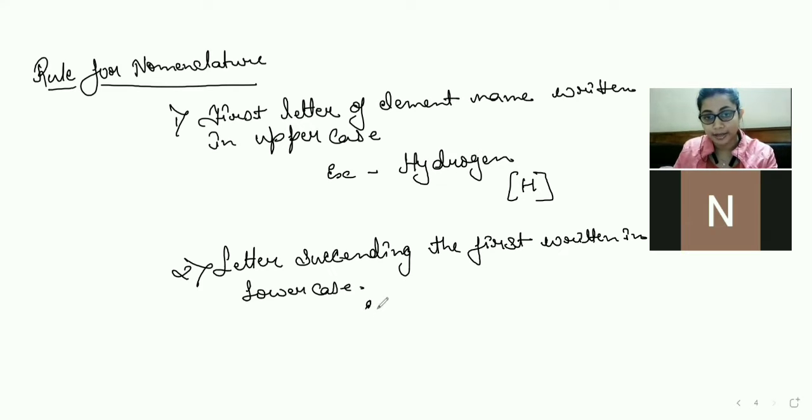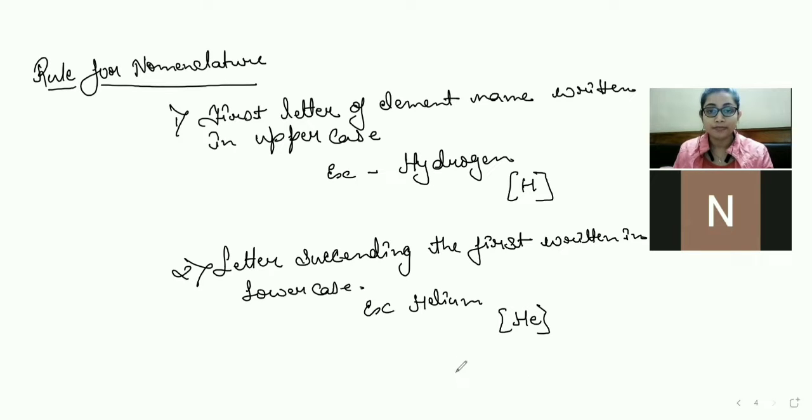Take the example of helium, not hydrogen, sorry. The uppercase is H, and the letter succeeding the first, written in lowercase, is E. After H there is E, and that is the second letter in lowercase. So He.